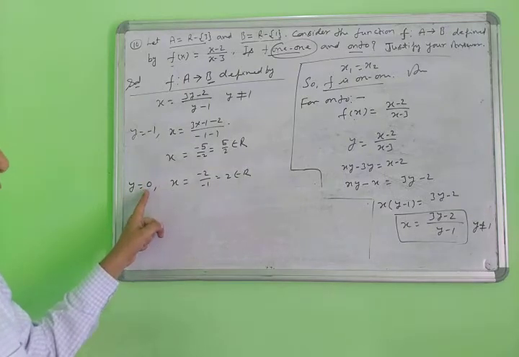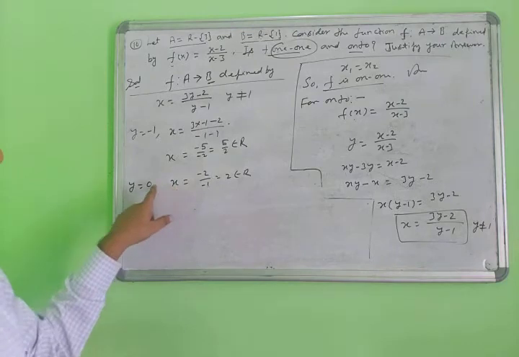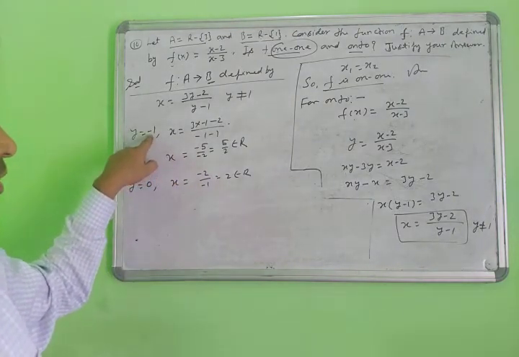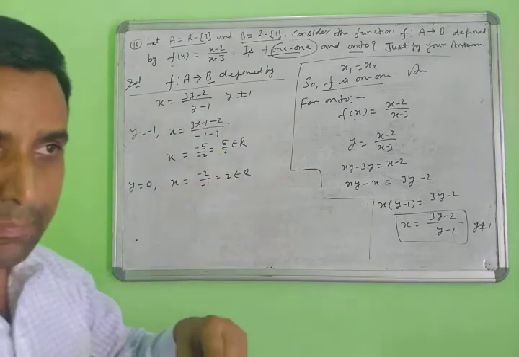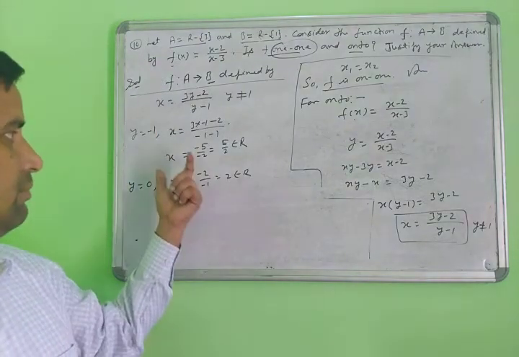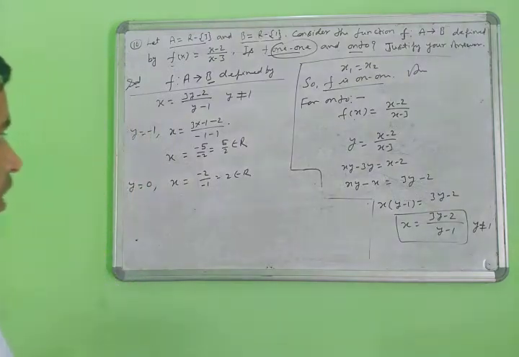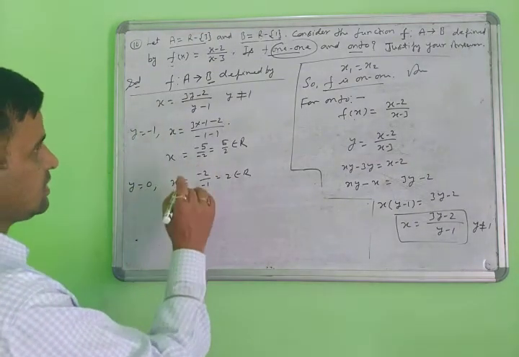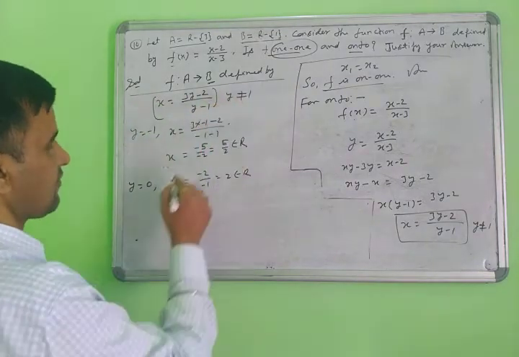Putting 0, an element of the codomain, the image is 2. Putting minus 1, the image is 5 by 2. Every element of the codomain has a pre-image in the domain. So f is one-one.